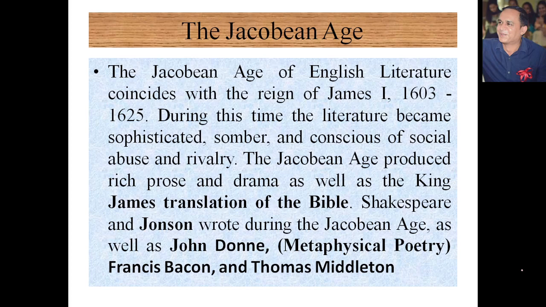This Jacobean age produced rich prose and drama, and there were great translations also. The King James translation of the Bible, and Shakespeare and Ben Jonson, we'll be talking about him later in the next video, how he wrote the comedy of humor.